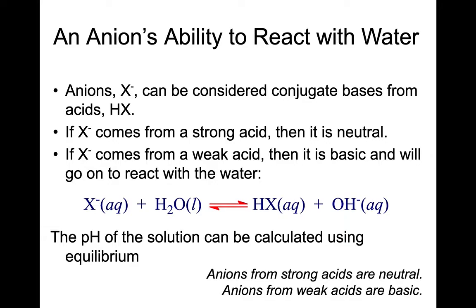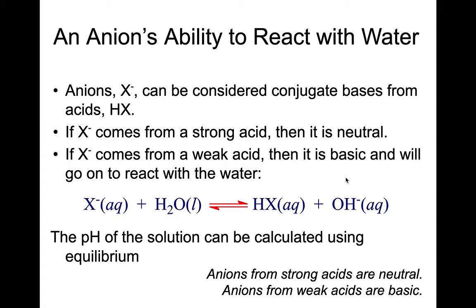It will go on to react with the water, such as this reaction down here. We've got a conjugate base here, the leftover anion from a weak acid, and it can react with the water to pull one of the hydrogens away and leave hydroxide ions. So that's an important one. If we put a weak acid in solution, the conjugate base is going to go on to react with the water to make hydroxide.